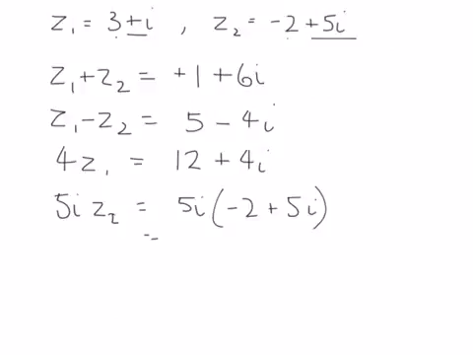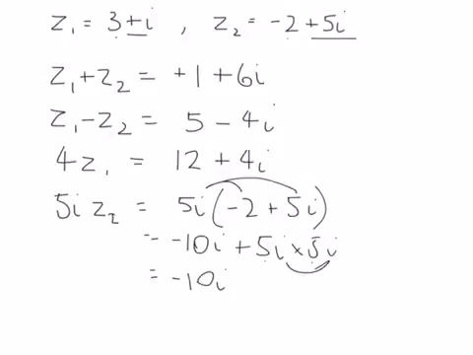If I do that, 5i times minus 2 is minus 10i, then 5i times 5i. 5 times 5 is 25, but i squared is minus 1, so that becomes minus 25. And convention says we do the real part first, followed by the imaginary part.